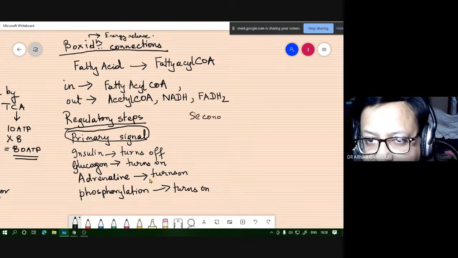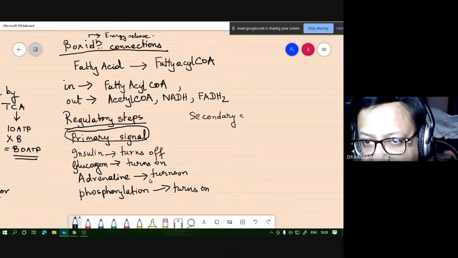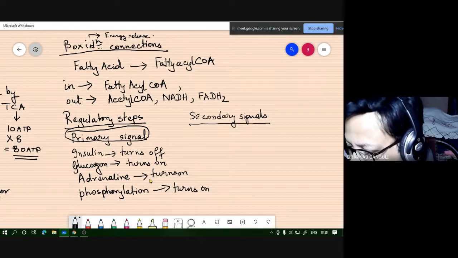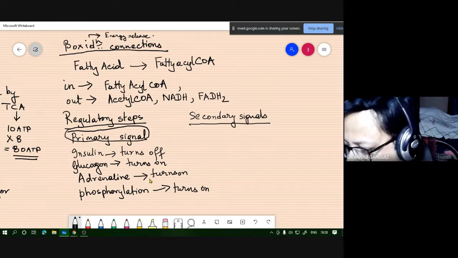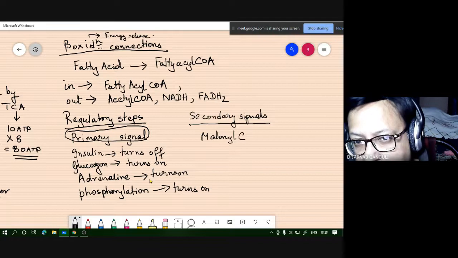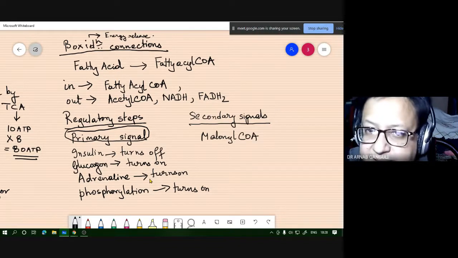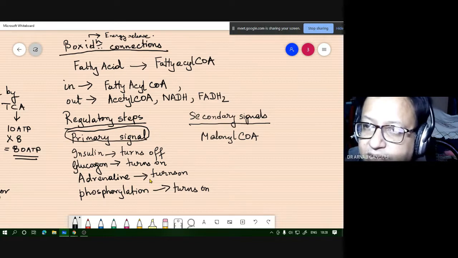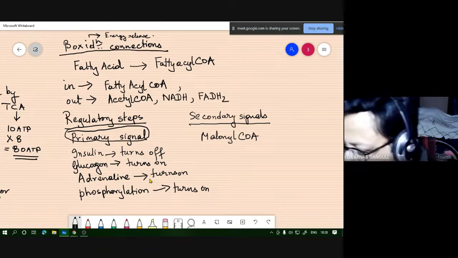Apart from this, who are the secondary signals? Malonyl CoA. Basically, acetyl is 2 carbon, malonyl is 3 carbon.